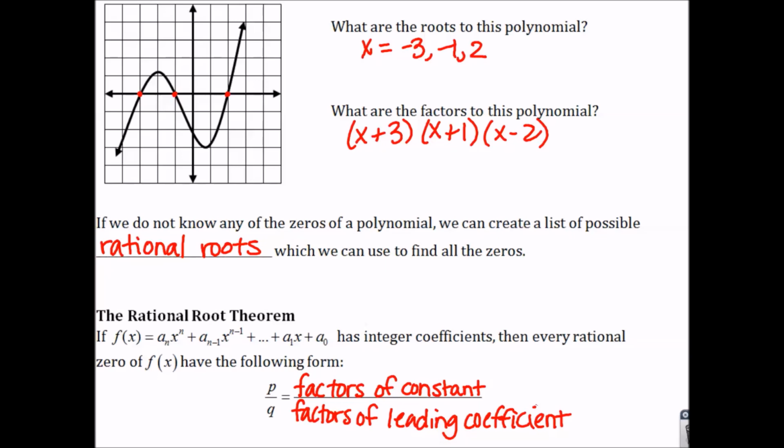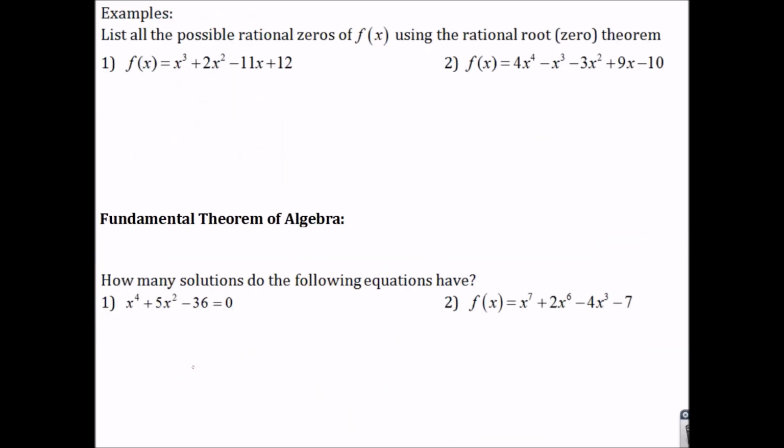So let's take a look at a couple of examples. For these first two problems, we want to list all the possible rational zeros or rational roots using the rational roots theorem. So we need to know what the factors of the constant are and what the factors of the leading coefficient are. In this first example, the constant is 12.